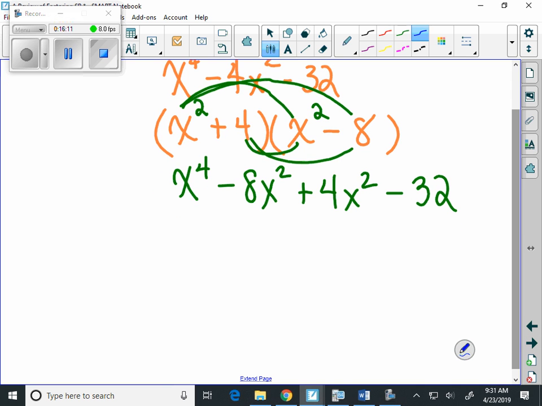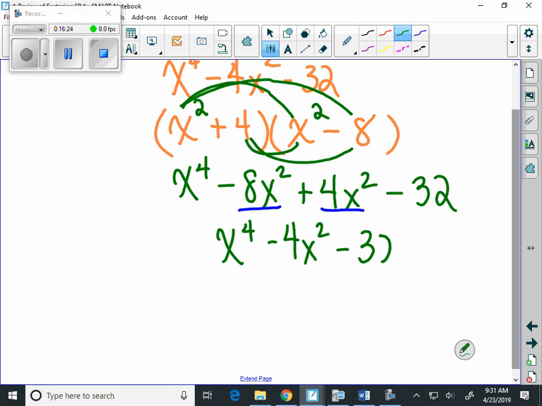And when we combine like terms here, it looks like we will end up minus 8x squared plus 4x is minus 4x squared minus 32. In other words, we can still split the middle when we're working with a quartic polynomial. And we're going to do that just like we solve, or not solve today, but factor a quadratic. We're going to split the middle.